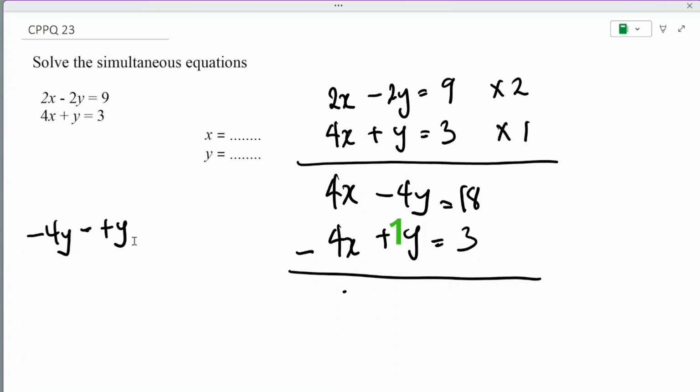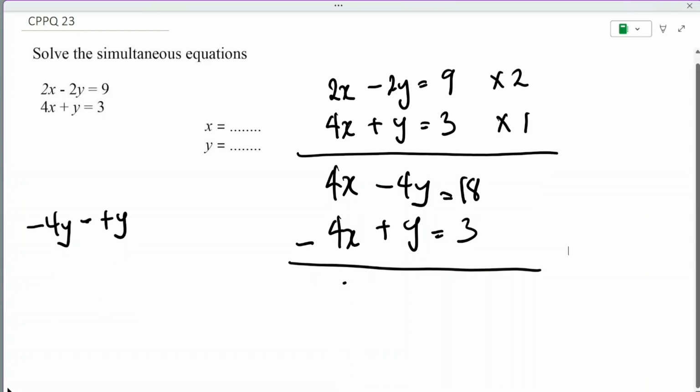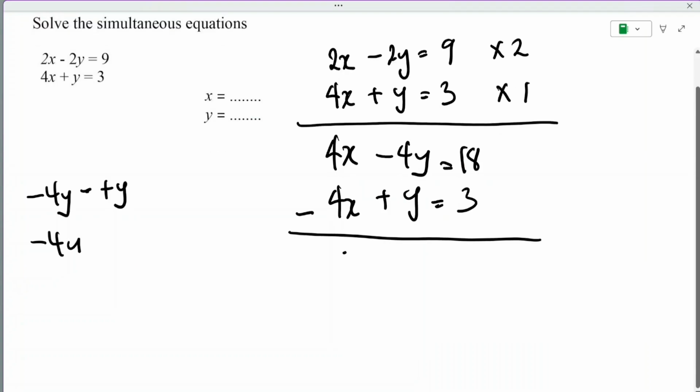This y has a positive. So we have minus 4y. This is just algebra, subtraction of algebra. Negative times positive is negative. You resolve both signs into 1 because they are linked at this point by times. So negative times positive will give you negative. You have negative y.